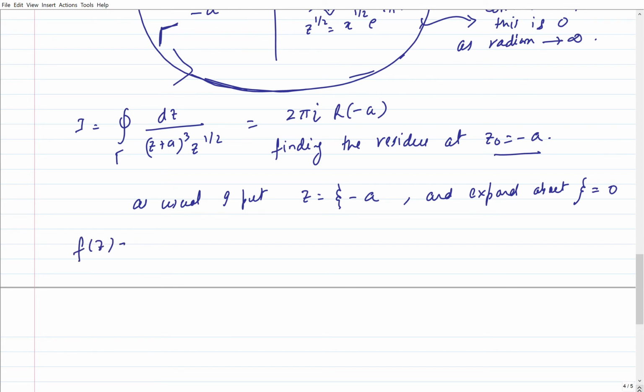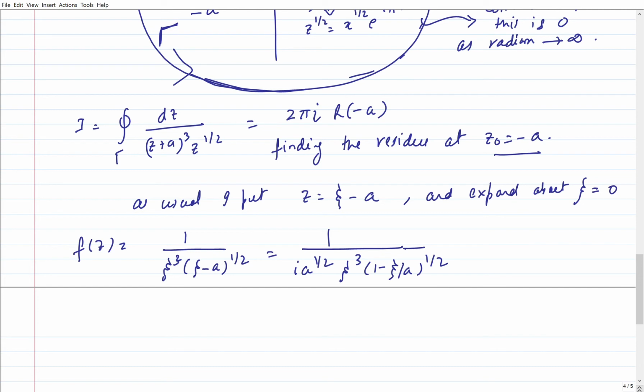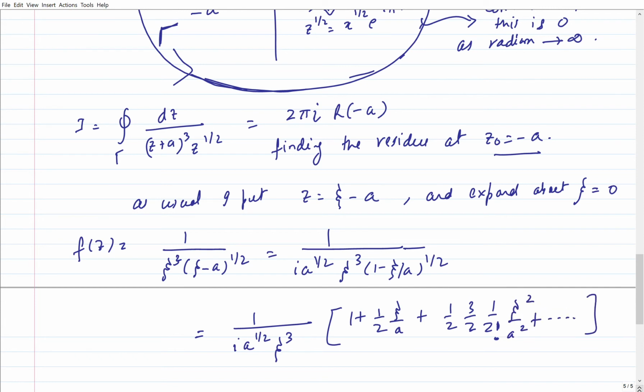So I get f(z) equals 1 over psi cube, and that is nothing but, when I evaluate it, this guy, which comes out to be this guy.